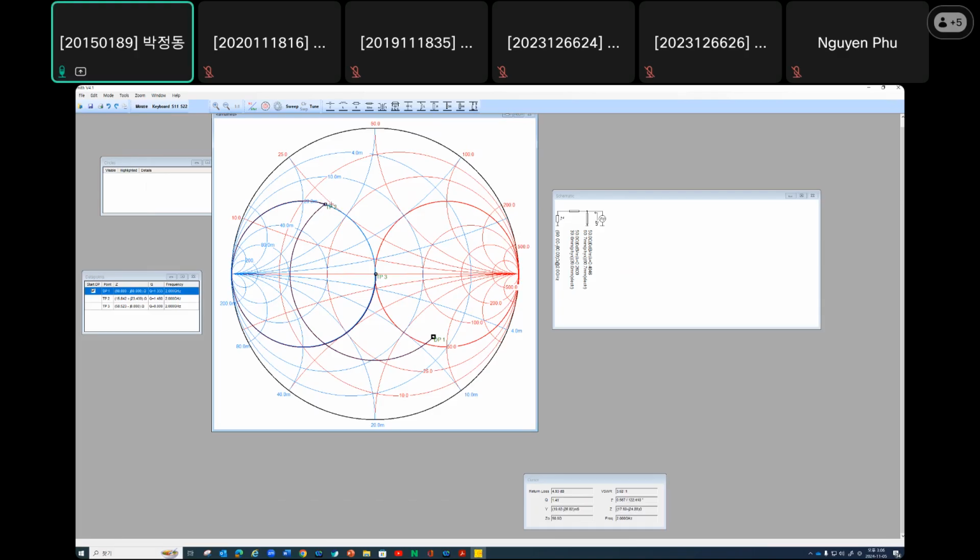To achieve a capacitive shunt stub, what you have to use is an open stub, not a short stub.